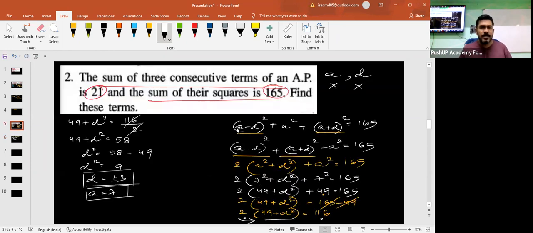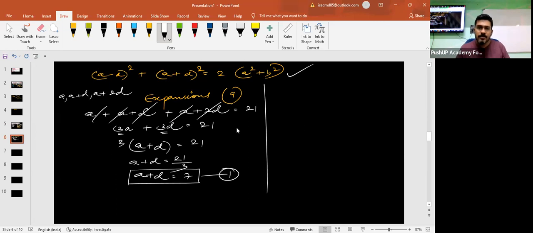Now, what was the second condition given to us? The sum of their squares. The sum of their squares means a squared plus (a plus d) squared plus (a plus 2d) squared would be equal to 165.